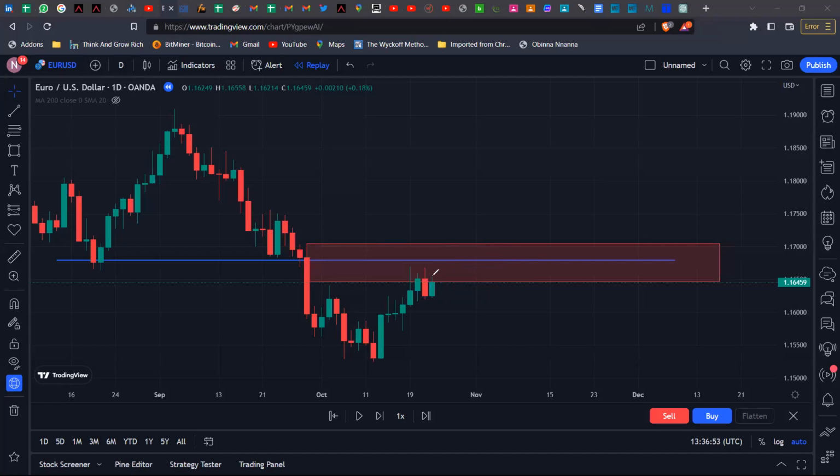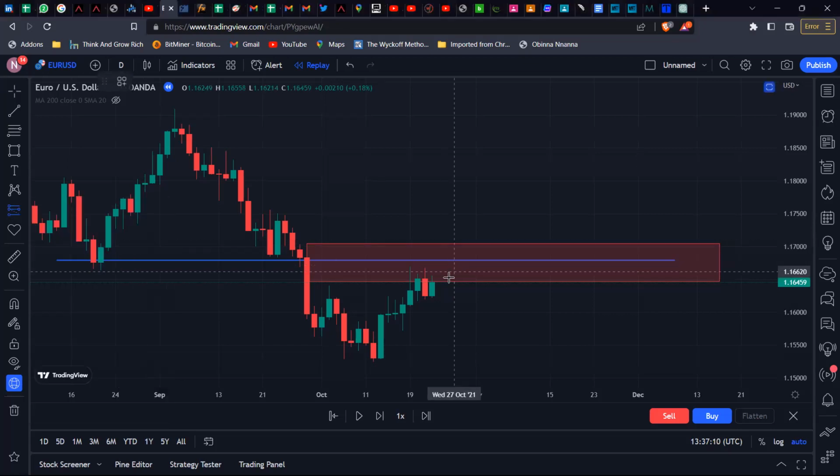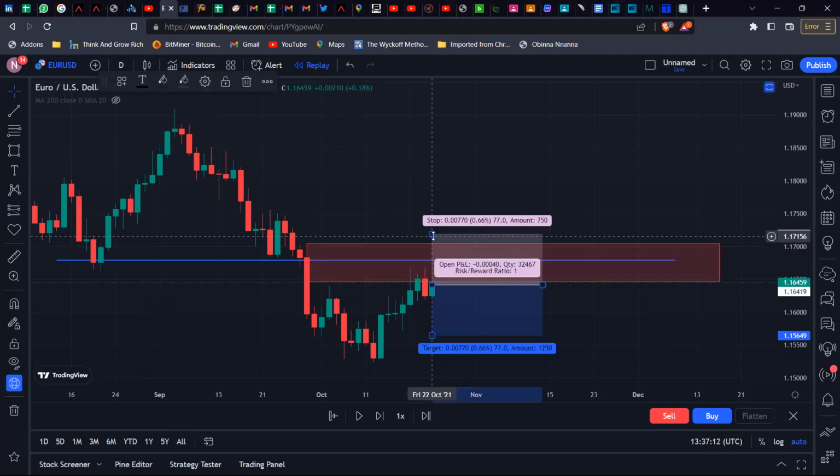So let's assume that I consider this a bearish engulfing, and I decide to sell the 50% retracement, for instance, or the close of it. So I'll sell, let's say, the 50% retracement of that.